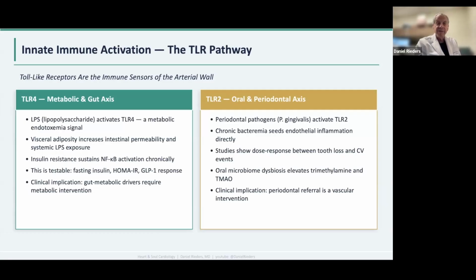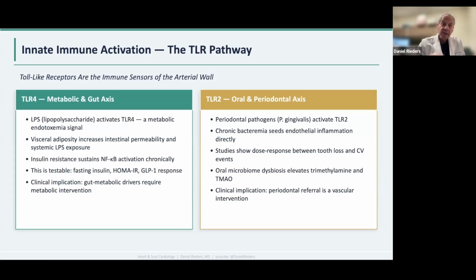So going upstream, you've heard in COVID about the innate immune system, and that's via something called APCs, antigen presenting cells, and other things called toll-like receptor pathways. So two of the pathways, one is a TLR4, which measures metabolic in gut.